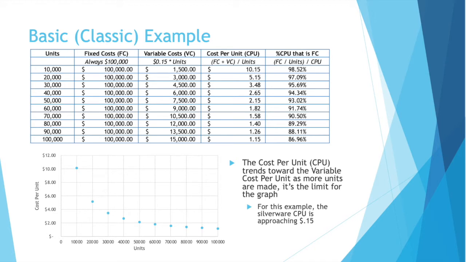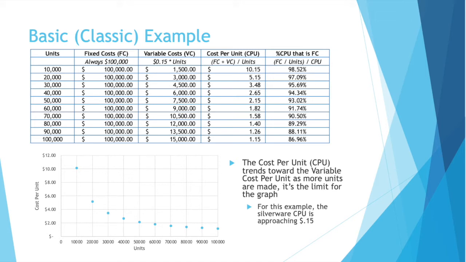The variable cost per unit is always 15 cents per unit. This covers things like the cost of the steel coil per unit, the labor per unit, the plating chemicals per unit. This is always the same per unit because the more units you make, the more plating chemicals, the more steel coil, and the more labor is needed.